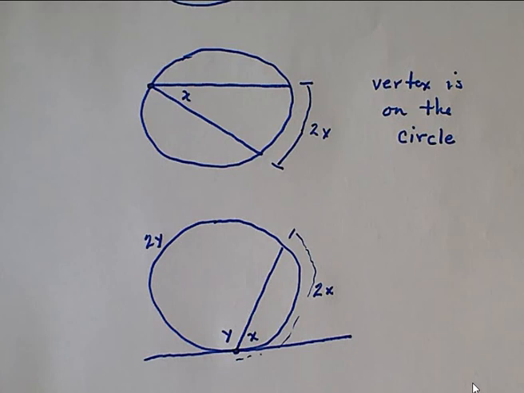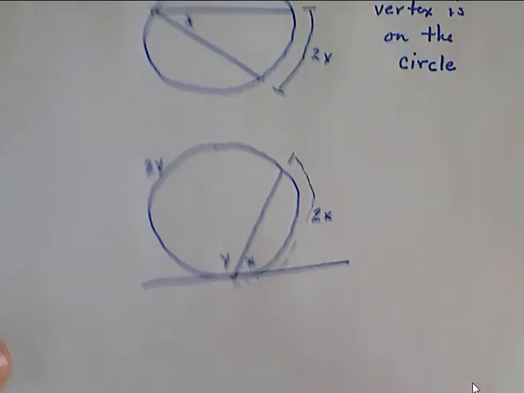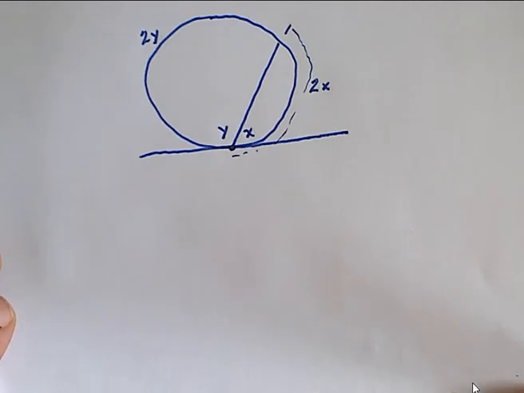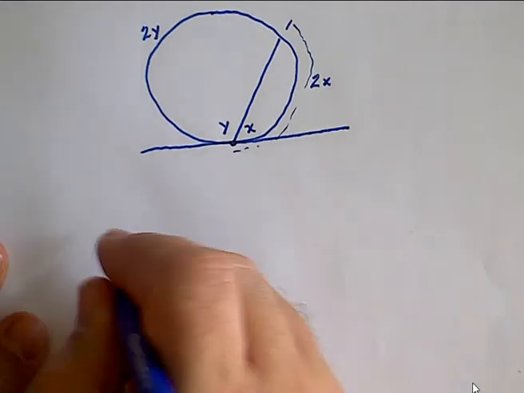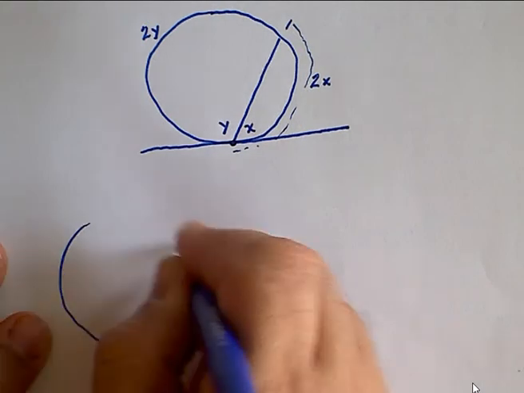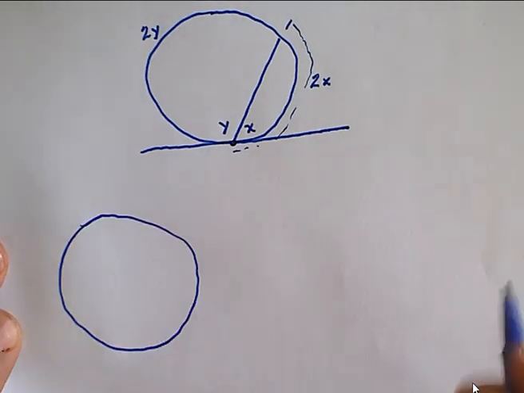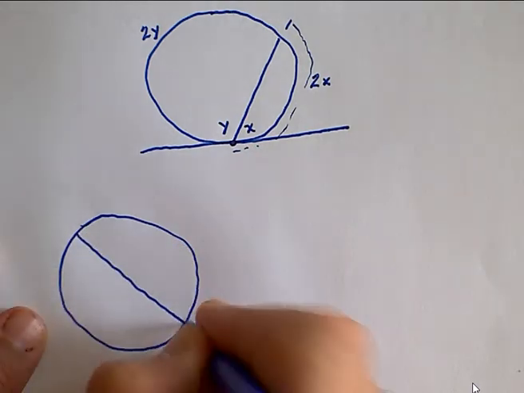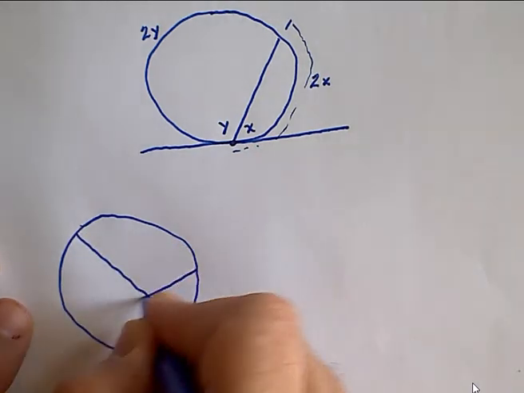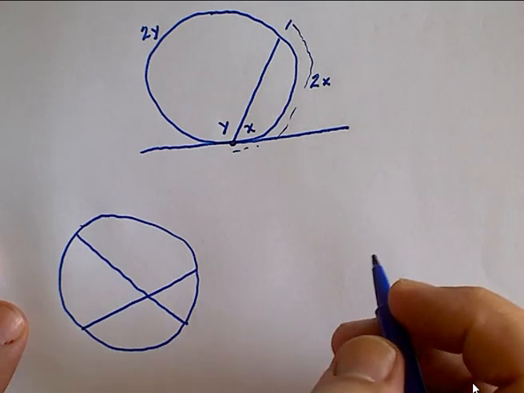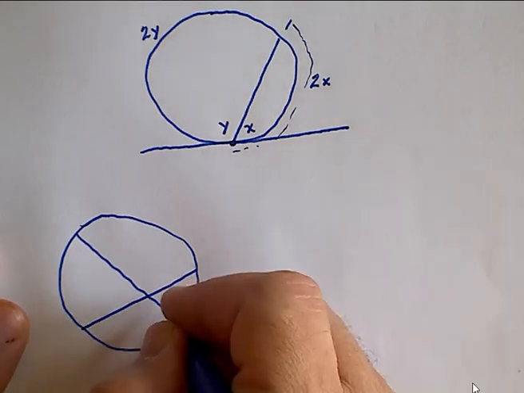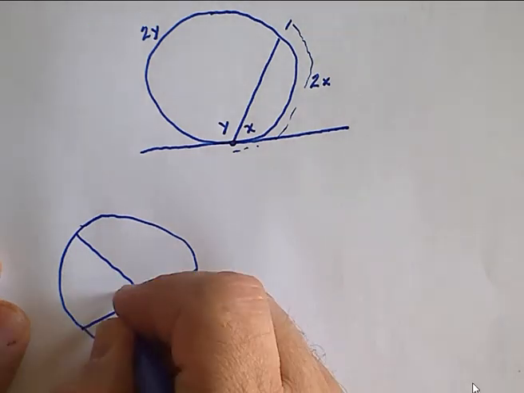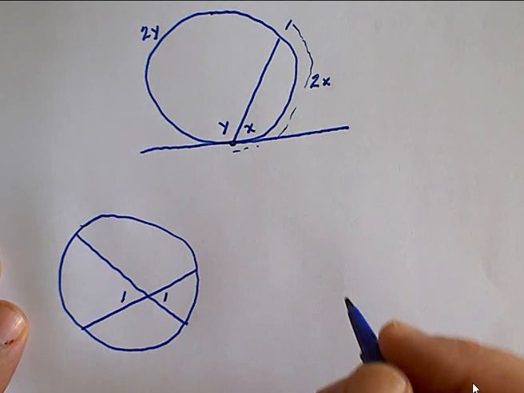Now, in the last two categories, again moving the vertex around, here is a circle. This time I'm going to take two chords and intersect them. Here is angle 1, and this over here is also the same measure.